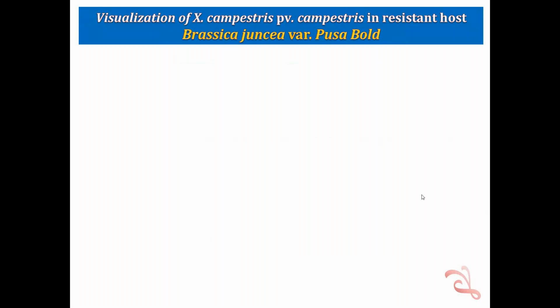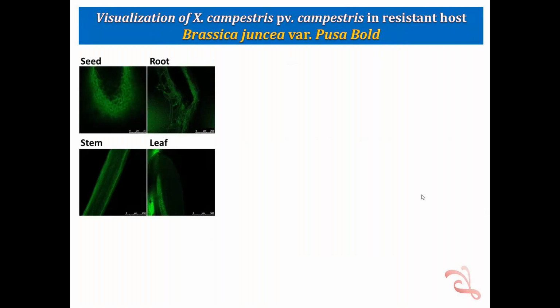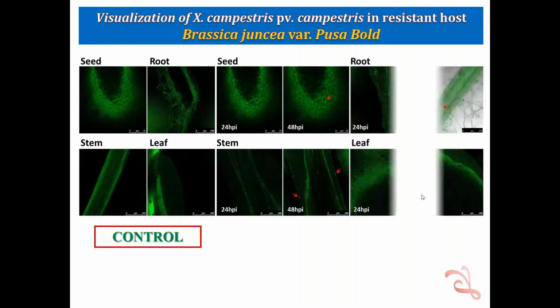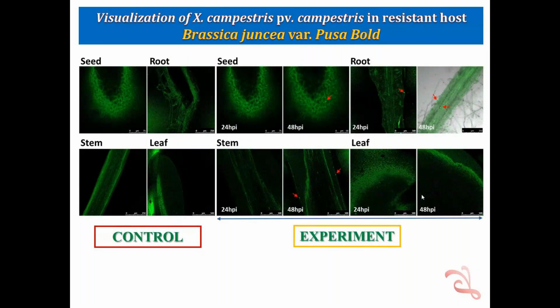Now here we present the migration of Xanthomonas campestris pv. campestris in Brassica juncea, which is a resistant host of Brassica. In the control there are no cells, but in the experimental tissue we observed a very small amount of bacterial cells in the seed, root, stem and leaf, at least after 48 hours post inoculation.